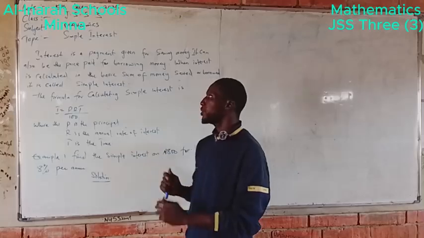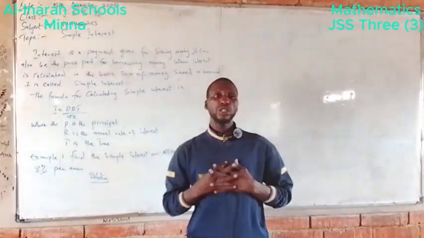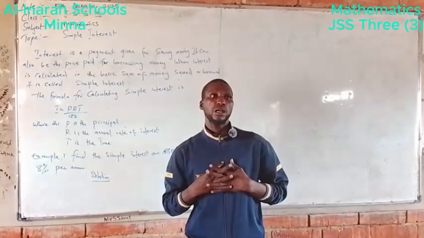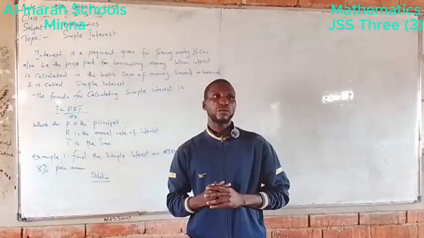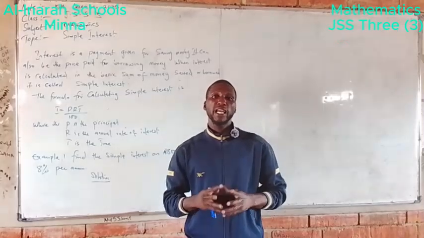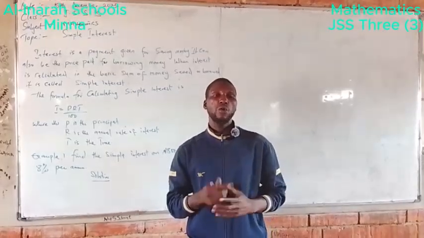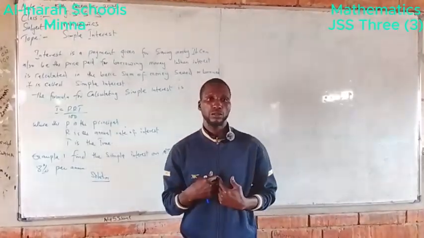Now, let me explain. For example, you came to me, narrated a story to me, and asked for money. I lent you money, and I gave you 20 naira. I will ask you, when are you paying back the money?